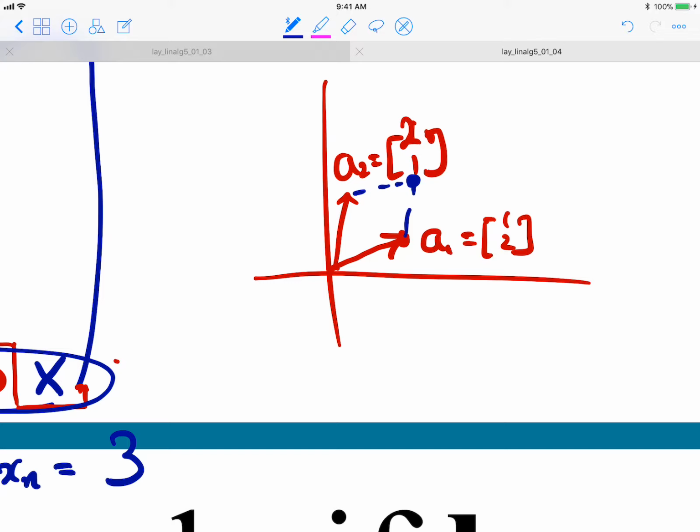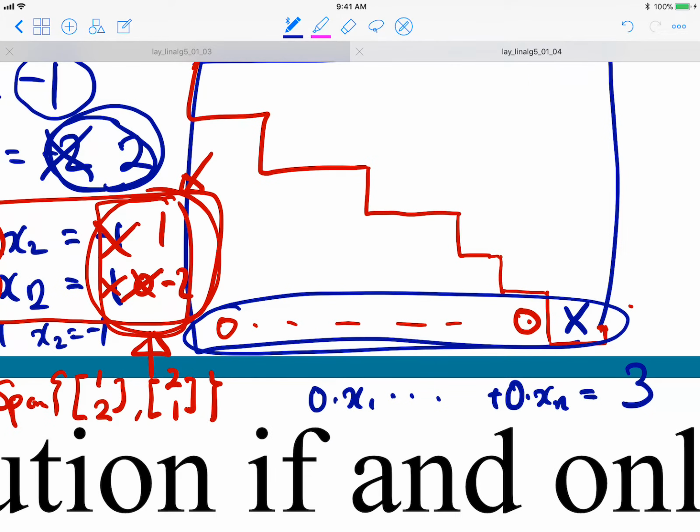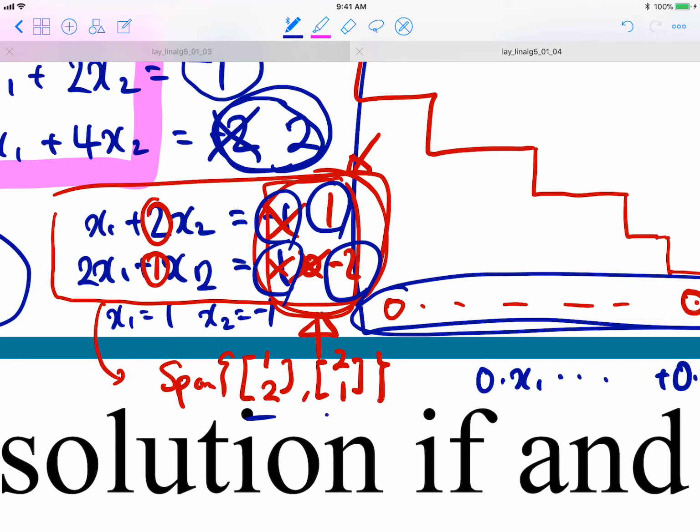Basically, the span of these two vectors will be the entire two-dimensional space. So let's consider any vector B that we are given here, for example (1, -2) or (-1, 1), and so on. All these vectors are inside the span of these two given vectors on the left-hand side. So in this case, we can always guarantee that the solution exists, regardless of any given vector B.